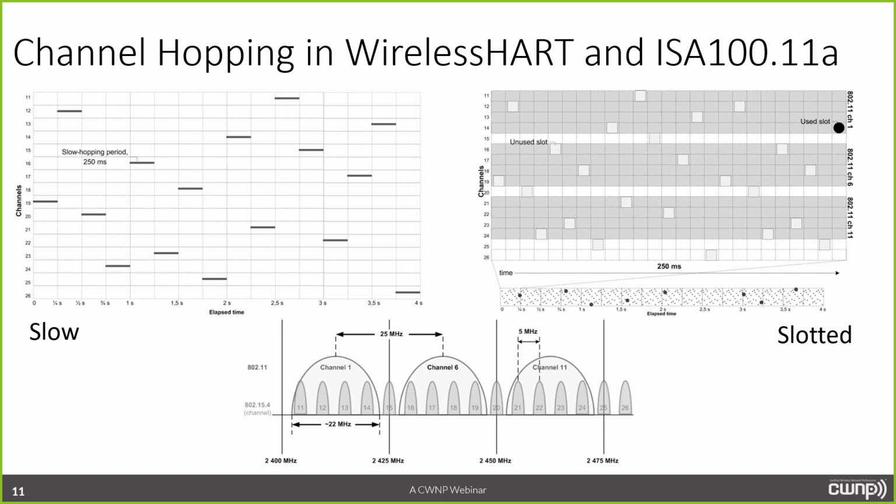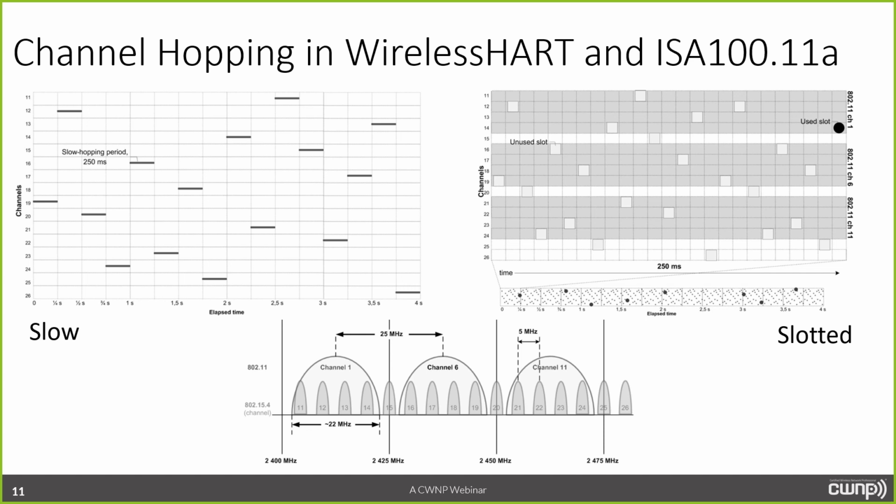Channel hopping basically says, while we're on a channel, use OQPSK with DSSS modulation to transmit, and then hop to the next channel to transmit and so forth, or to receive. Now, while WirelessHART supports only slotted channel hopping, which you see illustrated on the right, ISA100.11a supports slow channel hopping. So a different kind of channel hopping.